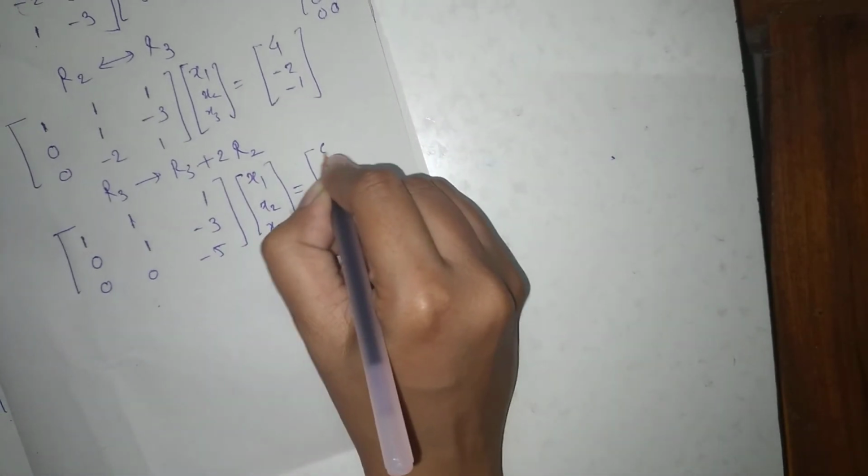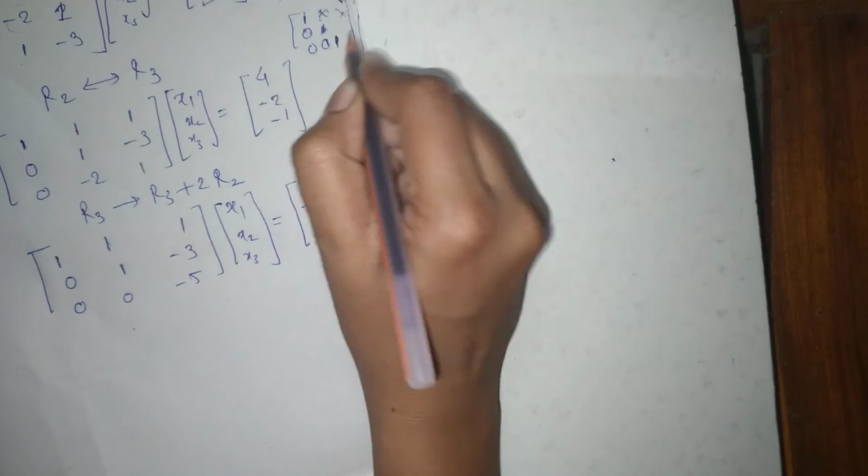Then R3 changes to R3 plus 2 R2. The first row does not change, the second row is 0 1 minus 3, and the third row is 0 0 minus 5, with constants 4, minus 2 and minus 5.